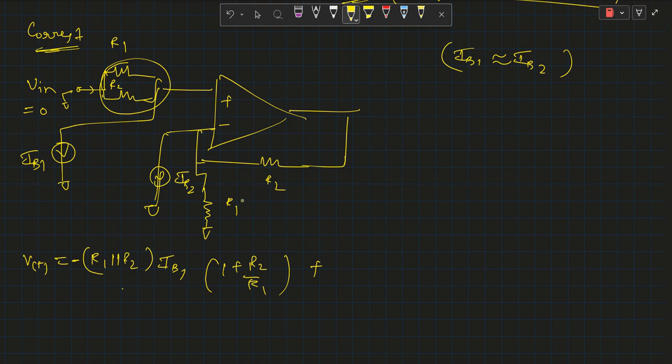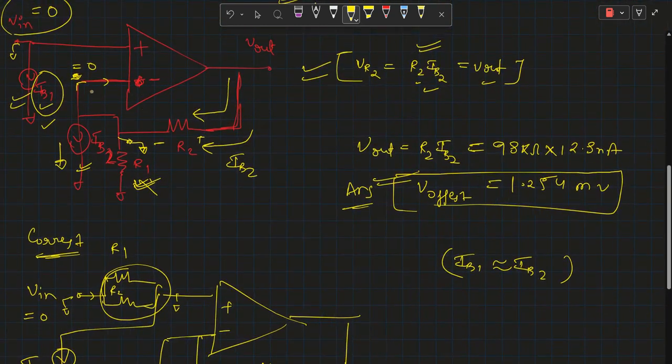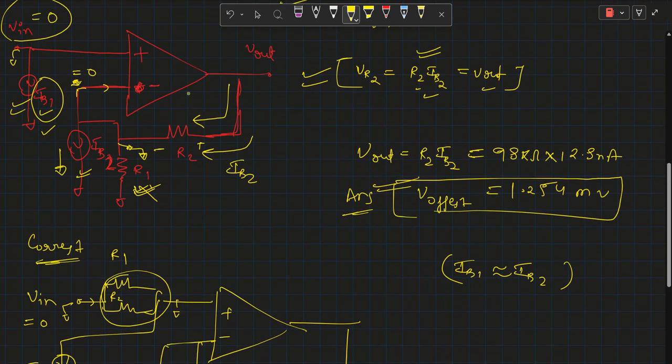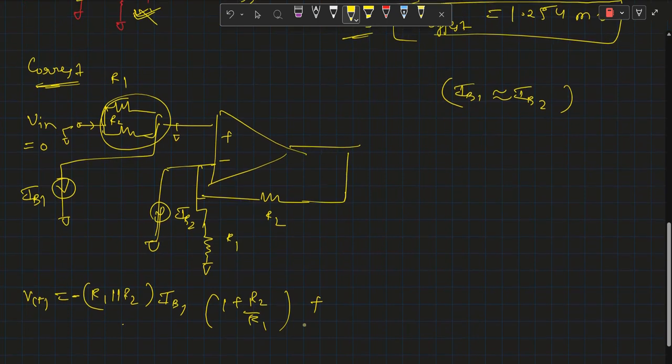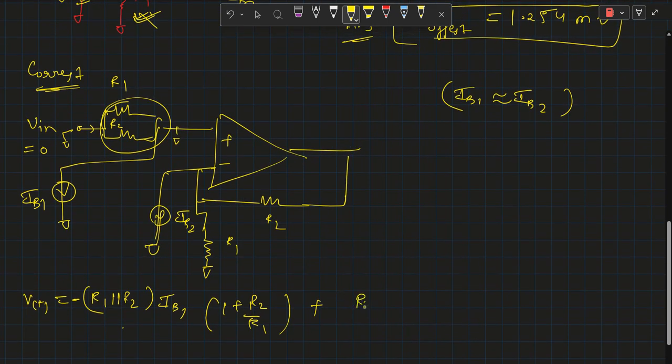This is when we consider the positive terminal voltage. When we don't consider it, if we consider this as 0, the process repeats and we go back to this circuit, where we already found the offset voltage is R2 IB2.